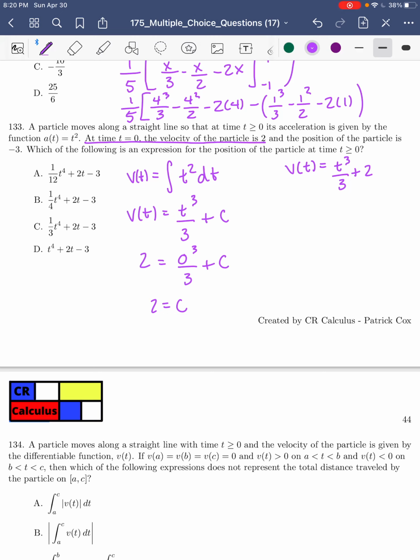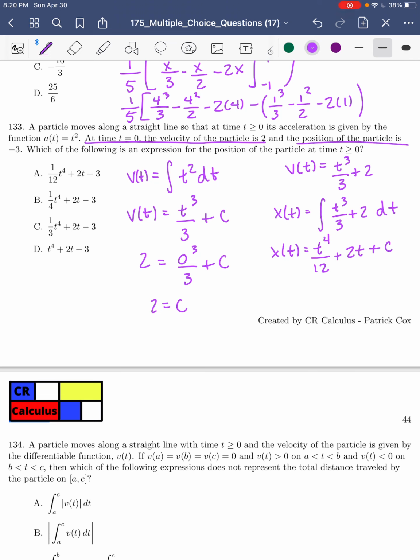But to get my position, I take the antiderivative again. So I end up with position equals t to the 4th over 3 times 4, which is 12, plus 2t plus c.